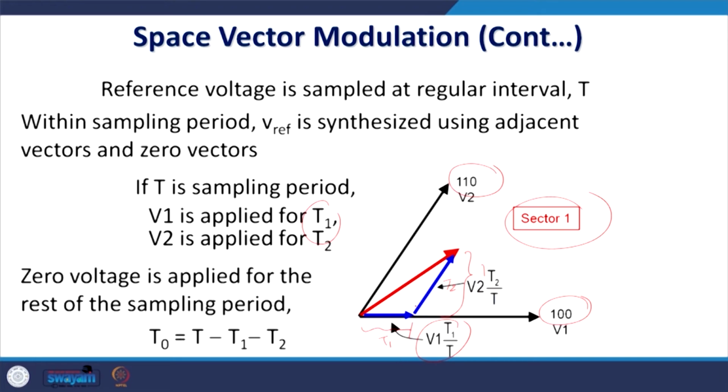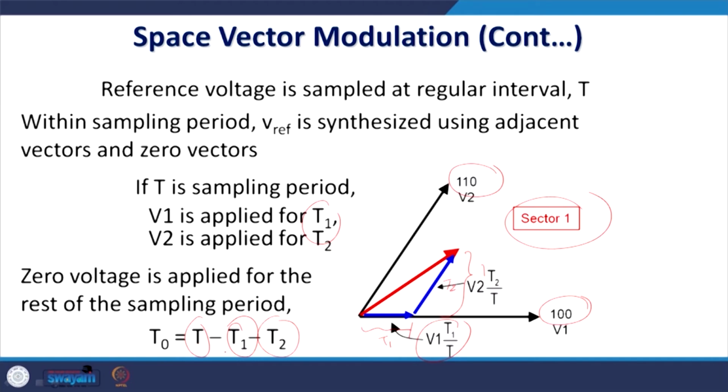Let us say it is switching at 10 kilohertz, then it is 100 microsecond. In 100 microsecond, T1 may be 40 microsecond, T2 may be 30 microsecond, then T0 will be the rest, 30 microseconds.